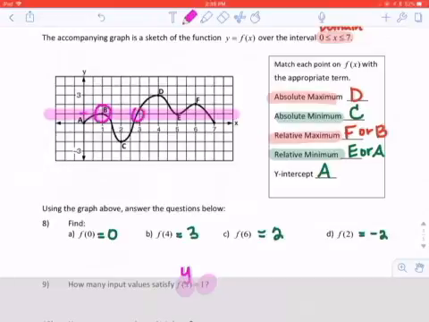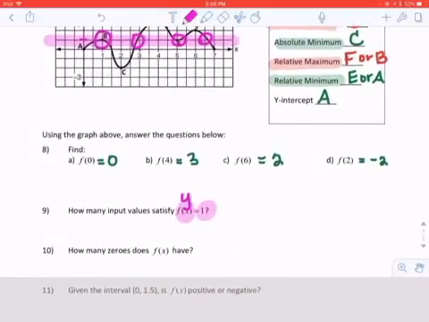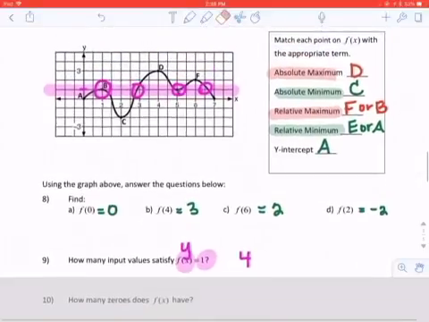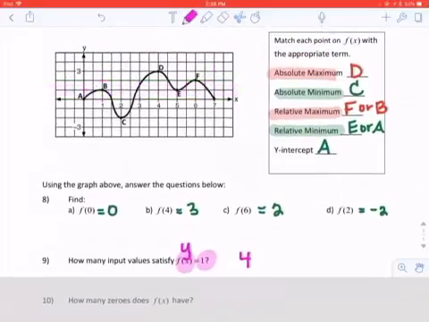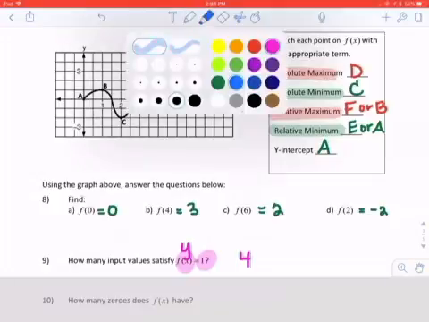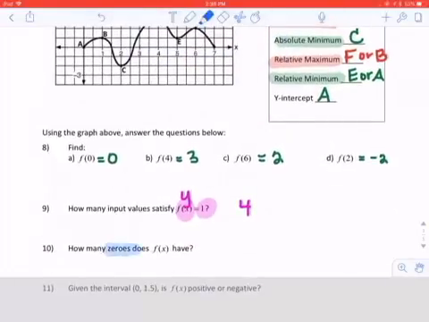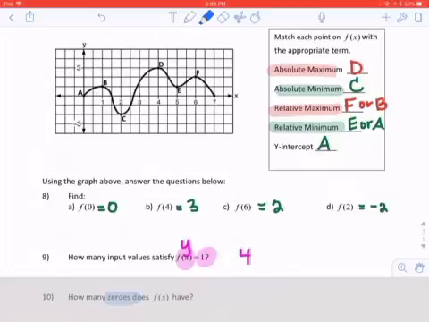Here, here, here, and here. 4 input values. How many zeros does our function have? Well, zeros are where we cross the x-axis. That's important. So if you look across here, how many times does it cross the x-axis? Here, here, here, and here. So also 4.